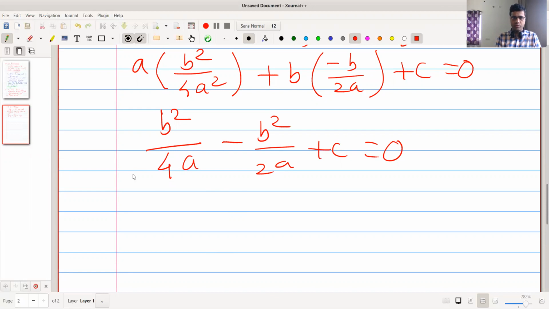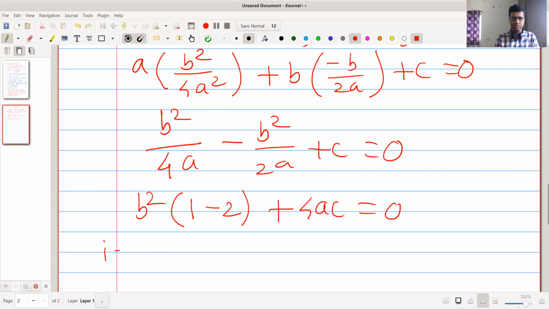We multiply this equation by 4a and we get b square into 1 minus 2, plus 4ac equal to 0, that is minus b square plus 4ac equal to 0.